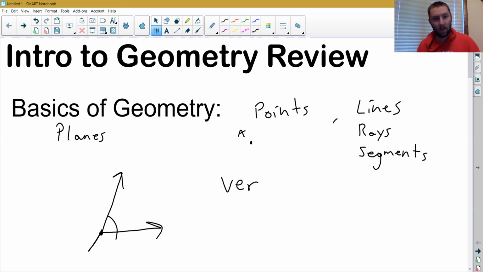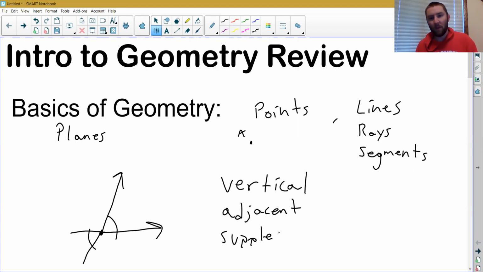Remember, those are formed by an X, something like this. Those would be vertical angles. We also talked about adjacent angles, the ones that are right next to each other, sharing a side. We talked about supplementary angles. We talked about complementary angles. Supplementary, remember, adds up to 180, and then complementary adds up to 90 degrees.